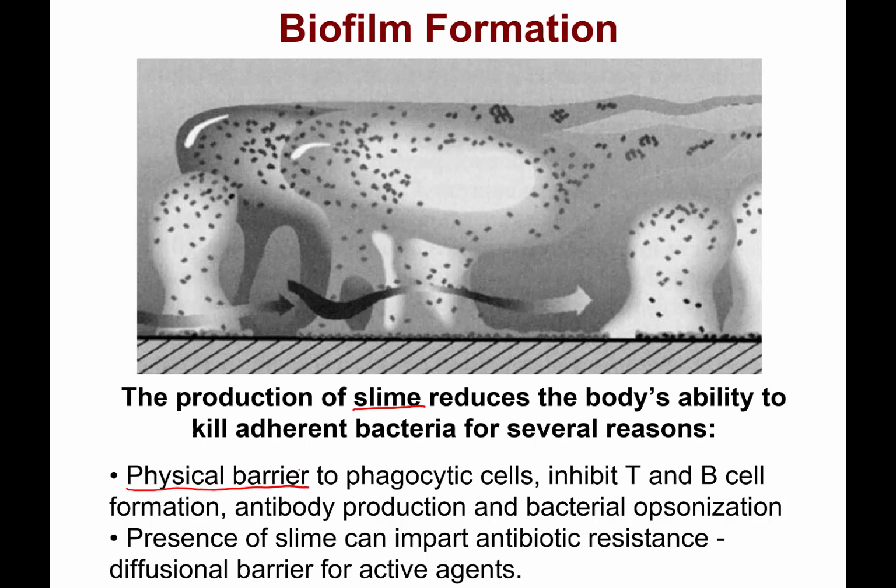This is going to inhibit T cell and B cell activation, inhibit antibody production, and inhibit bacterial opsonization and phagocytosis by our innate immune cells. That's, of course, going to allow them to evade our immune system and thrive on the implant surface and within this biofilm. The second reason it's important and problematic is that it can impart antibiotic resistance.